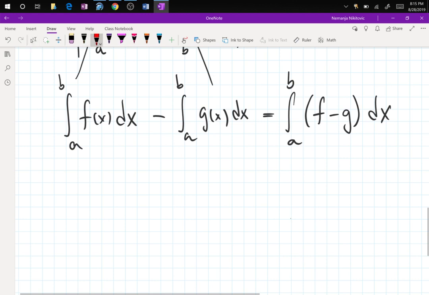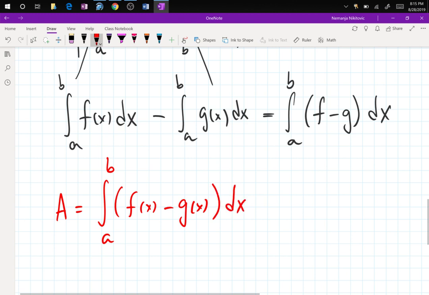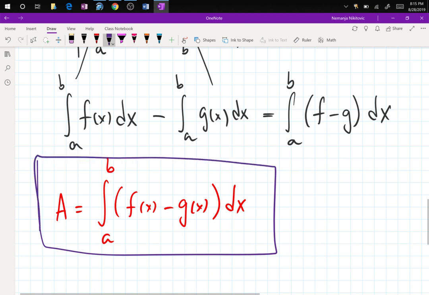So now we write that the formula for area between two curves is the integral of f of x minus g of x dx. This is the first formula that you are memorizing in Calculus 2.